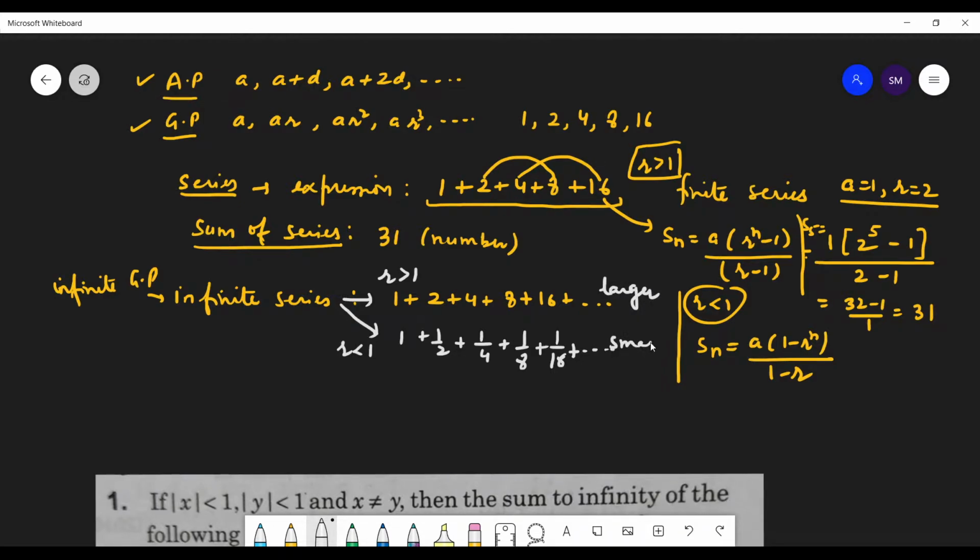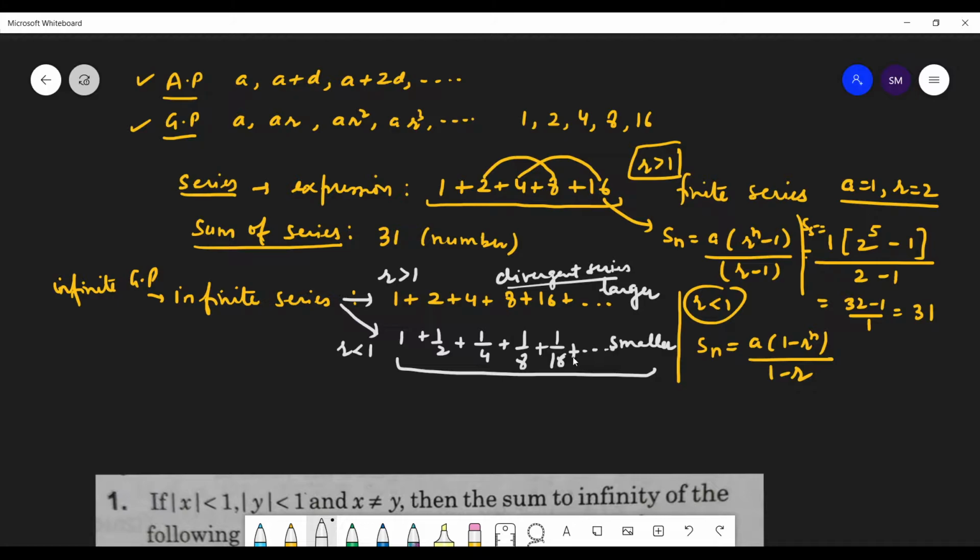Here the number is becoming smaller and smaller. So this kind of series is a divergent series. We cannot find the sum of these series because, as we keep on adding, the number is becoming larger, you cannot find the sum.